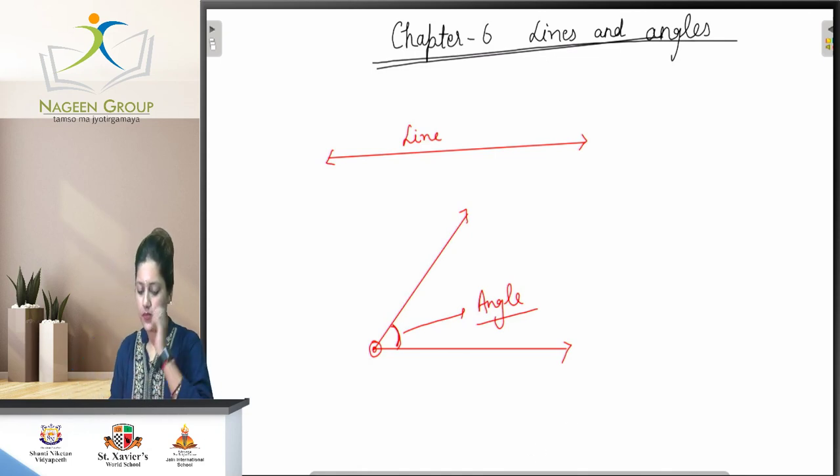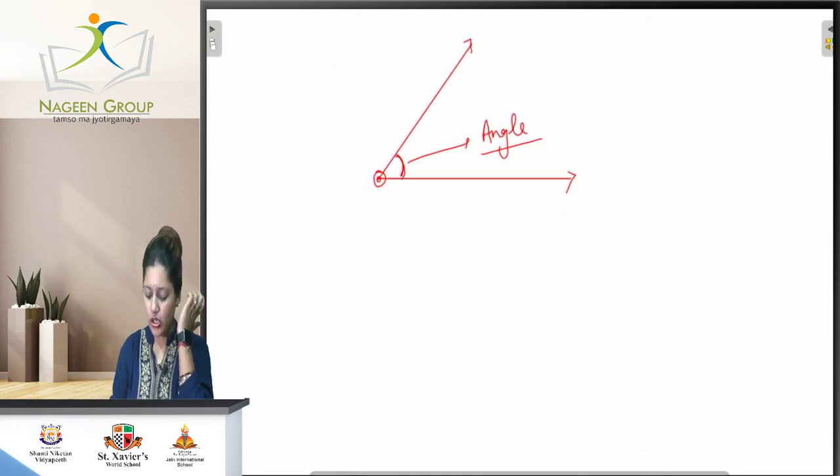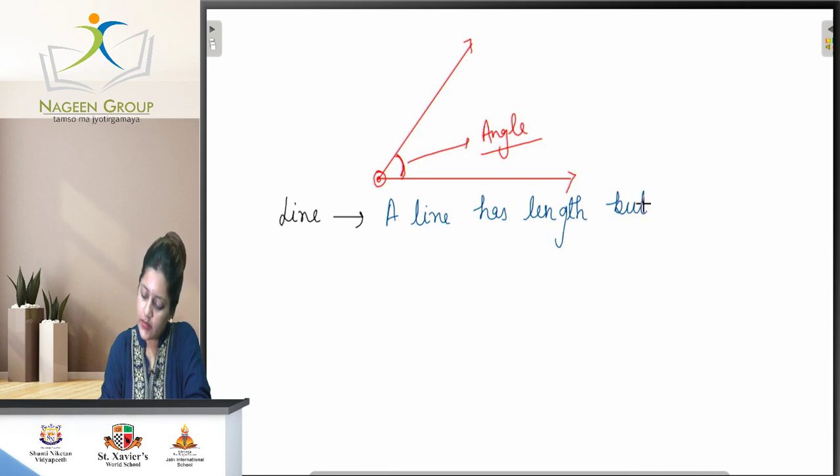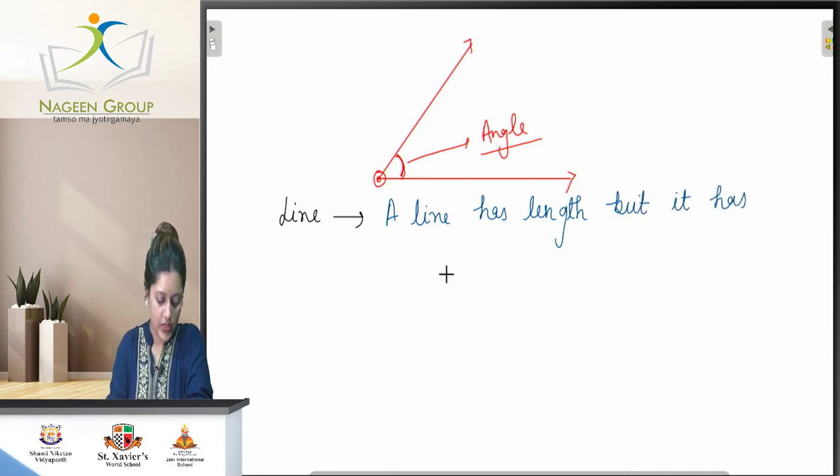Now let us talk about the definition of a line. What is a line? In definition, a line has length but it has no width and no thickness.